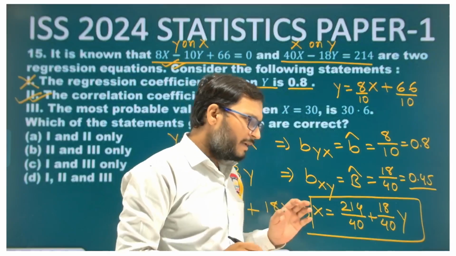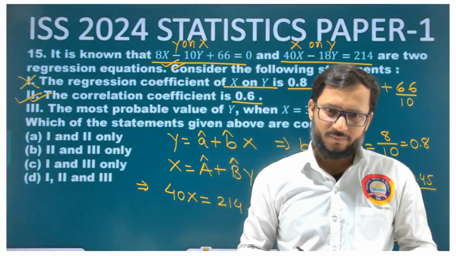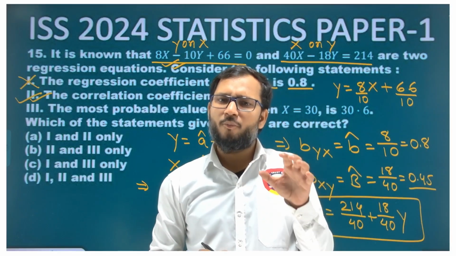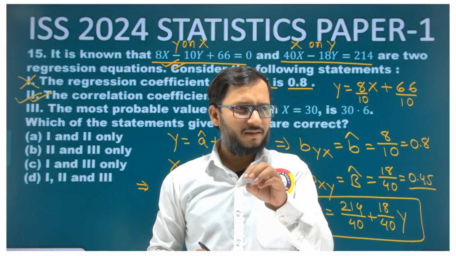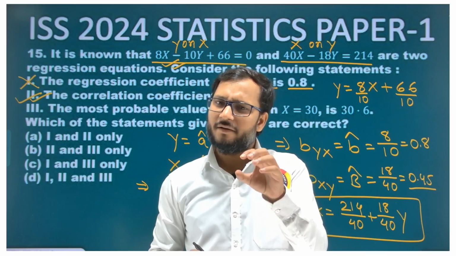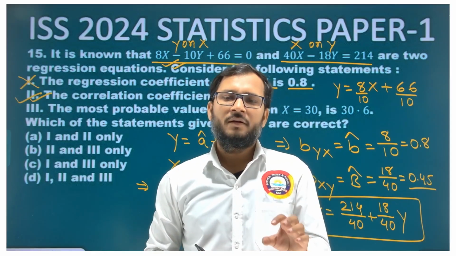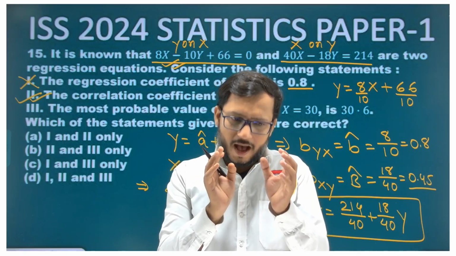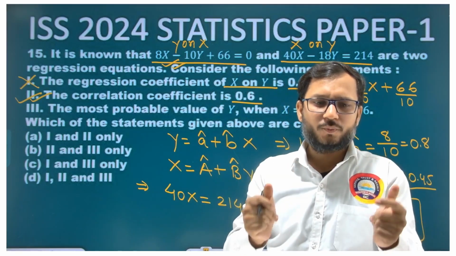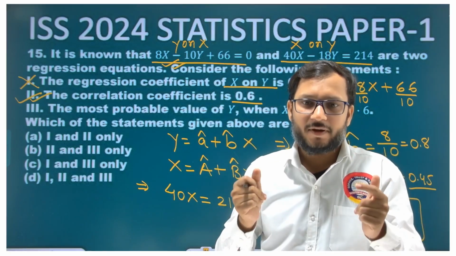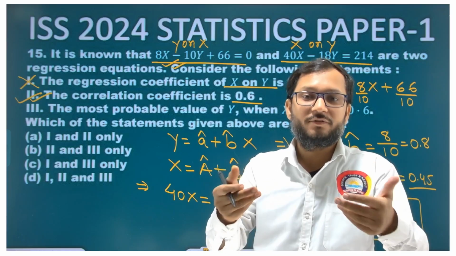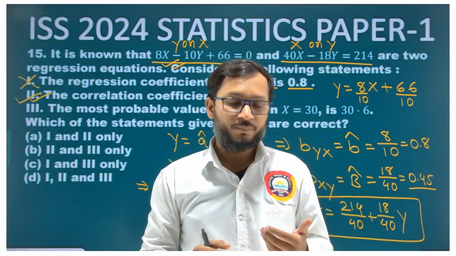Now it has asked the third statement, about the most probable value. There are many years in which they have asked questions of this type, asking you to write the most probable value, or most precise value, or best value.